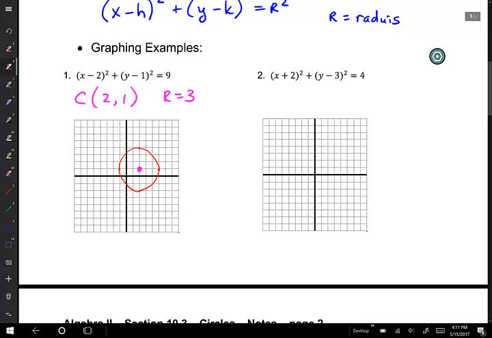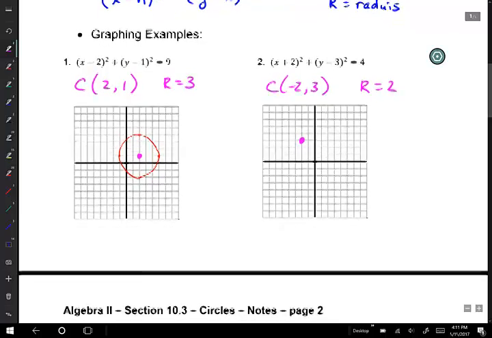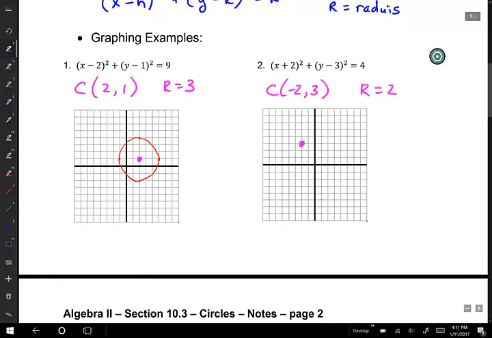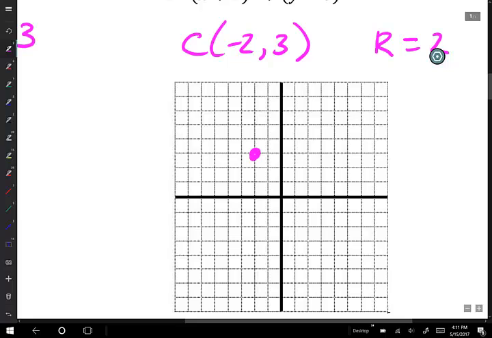Our second one, our center is at the point (-2, 3) with a radius of 2. So we're going to put our center at (-2, 3). And then we're going to go out with a radius of 2 from this point. So I'm going to go 2 in each direction.